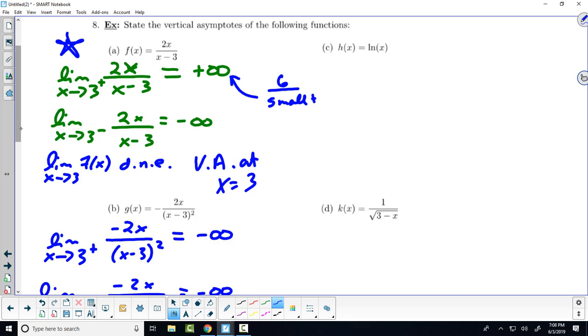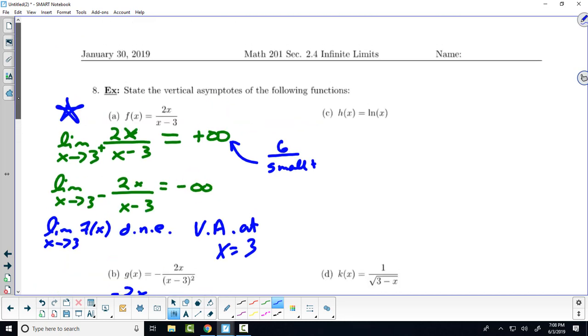Okay? All right. This one, for the transcendental functions, sines and logarithms, and exponentials, you can use your knowledge of their graphs to answer the questions, and that's what I would do. Okay? What does the graph of the natural log of x look like? I hope you remember.